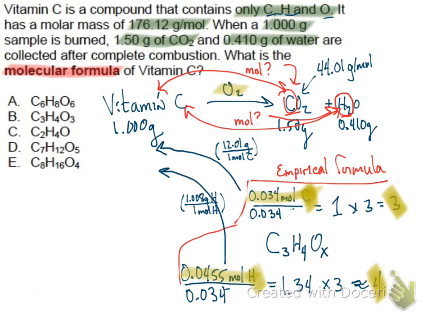We can multiply these together then. 0.034 times 12.01 is going to give us a value of 0.008.